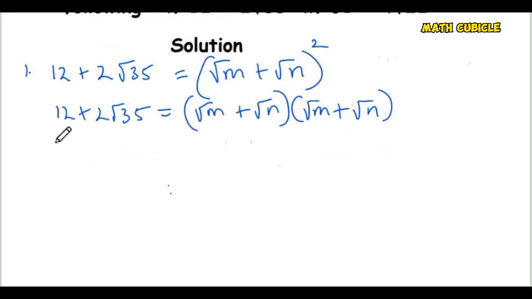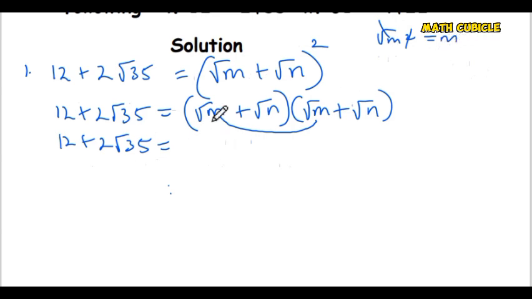So expanding the right hand side, we have 12 plus 2 root 35 is equal to root m times root m, that's root m squared. So the square cancels the root, we are left with m. Root m times root n, that's plus root mn.